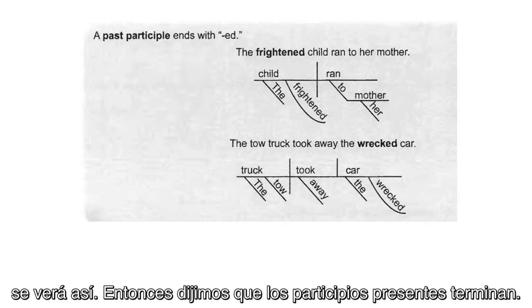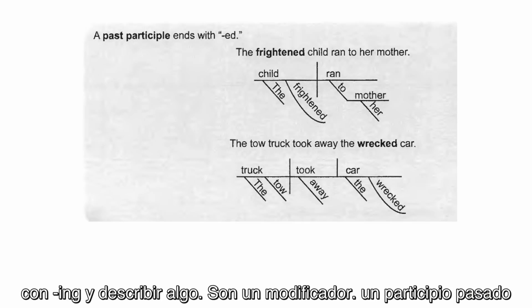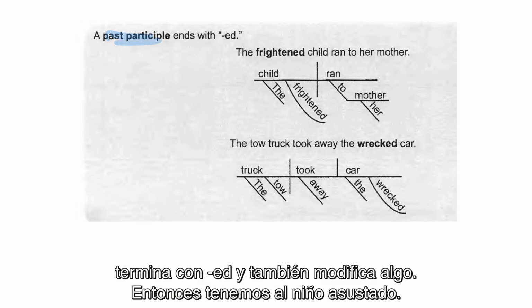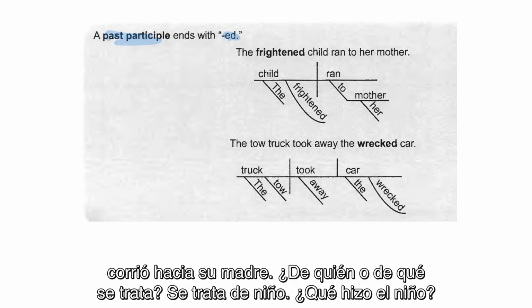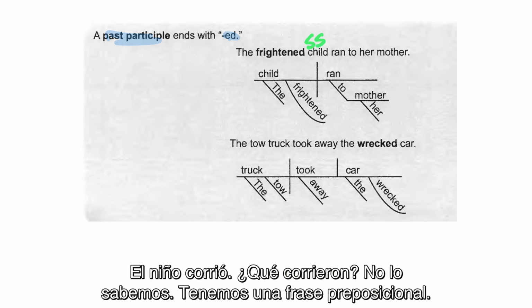So we said that present participles end with an ing and describe something. They're a modifier. A past participle ends with ed, and it modifies something as well. So we have the frightened child ran to her mother. Who or what is this about? It's about child. What did child do? Child ran.